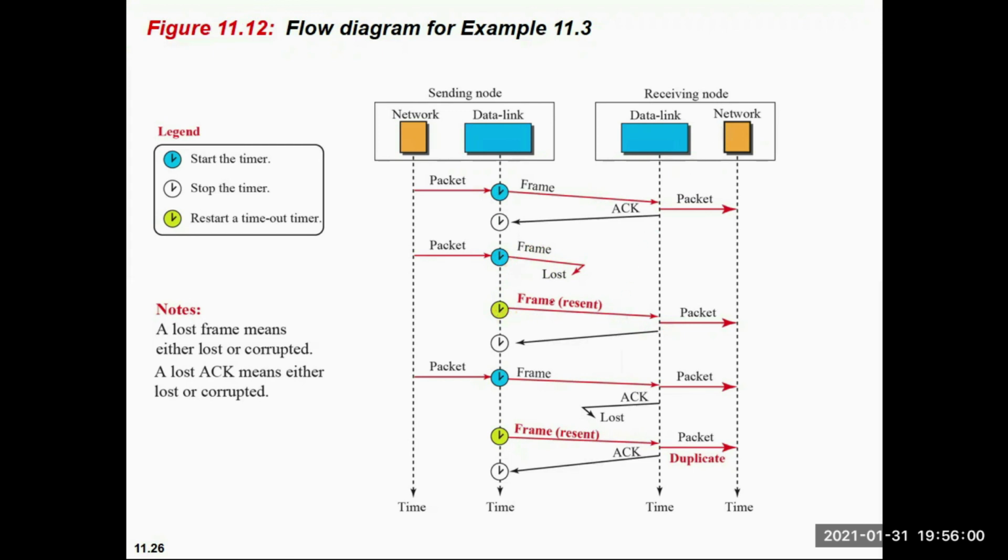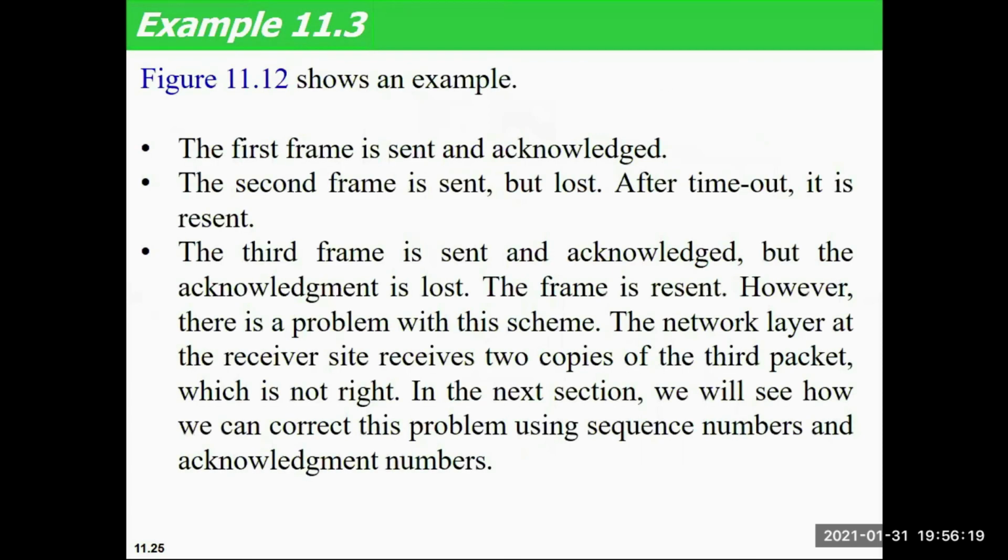Suppose this resent frame is received at the receiver's data link layer. The data link layer will extract the packet from it and reply with an acknowledgement. This acknowledgement will be received here. So this is the second case.